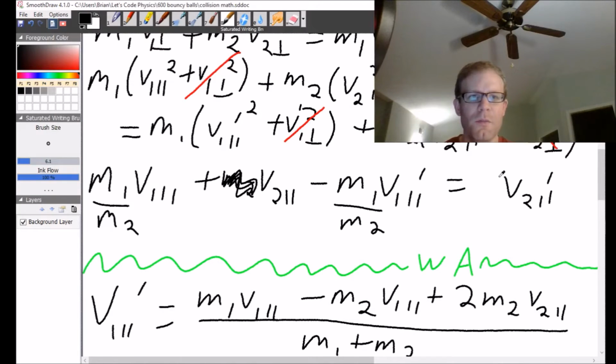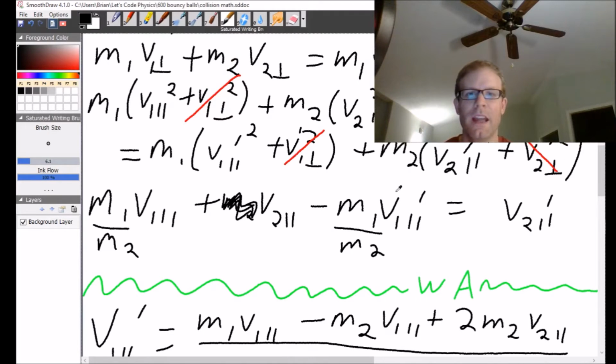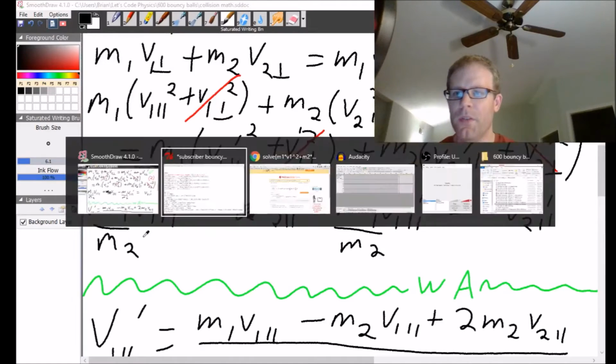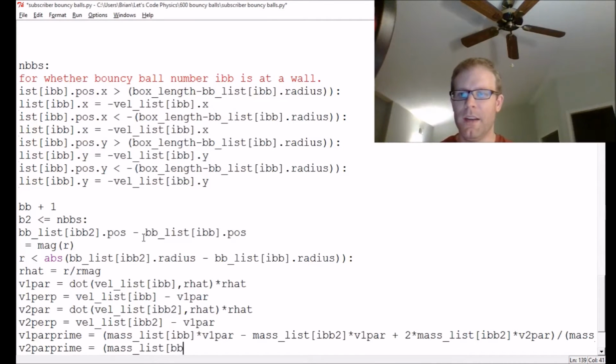Now I just need V2 parallel prime, and that's going to be this piece right here. It's going to equal M1 over M2, so mass list IBB divided by mass list IBB2, times V1 parallel the original, which is why I had to keep the V1 parallel.